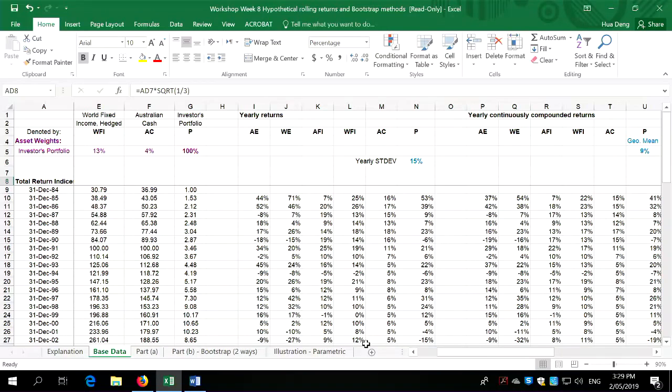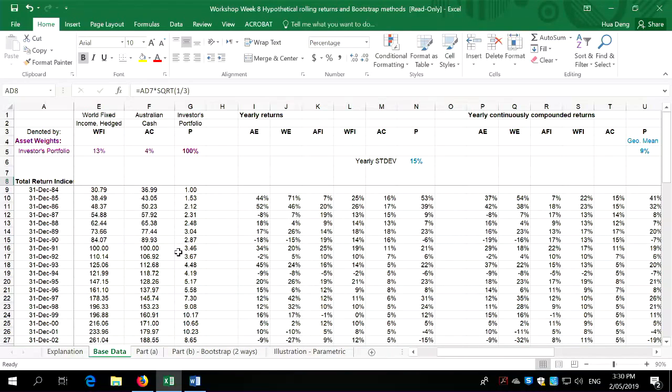With your assignment, you have to calculate the 3-year returns of the portfolio and calculate all of the risk measures based on 3-year returns, because that's the horizon over which your clients would like to measure the portfolio performance and risk. So in that Excel file, I'll give you an example of how these returns can be calculated.